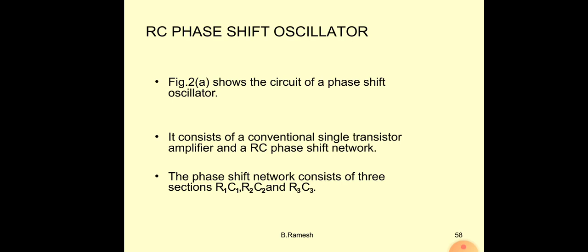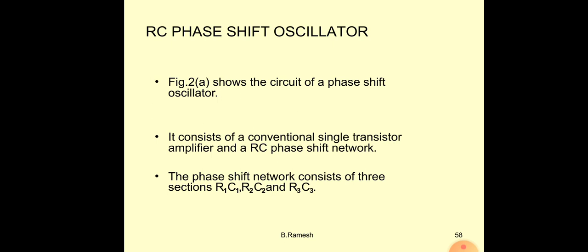Next, the RC phase shift oscillator. The RC phase shift oscillator produces somewhat less stability compared to the Wien bridge oscillator because of the RC components we used there. It consists of a conventional single transistor amplifier and an RC phase shift network.